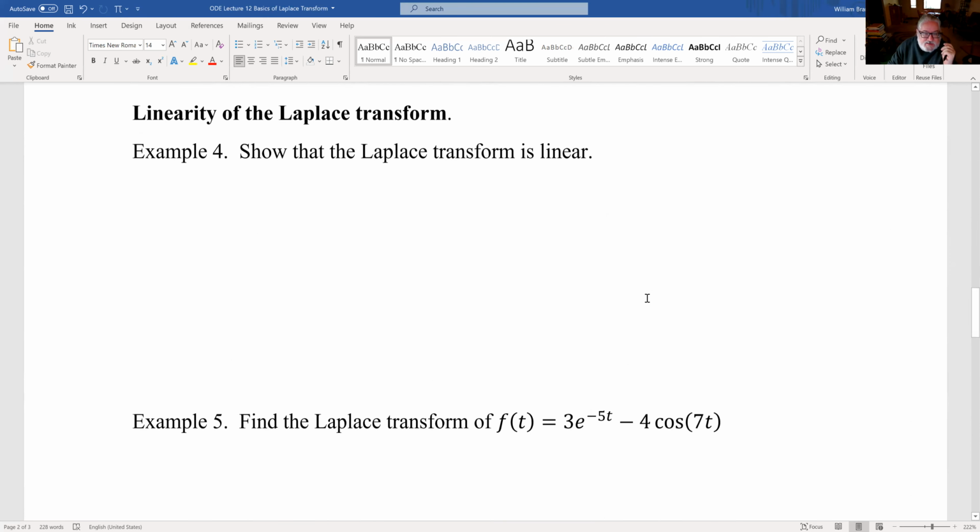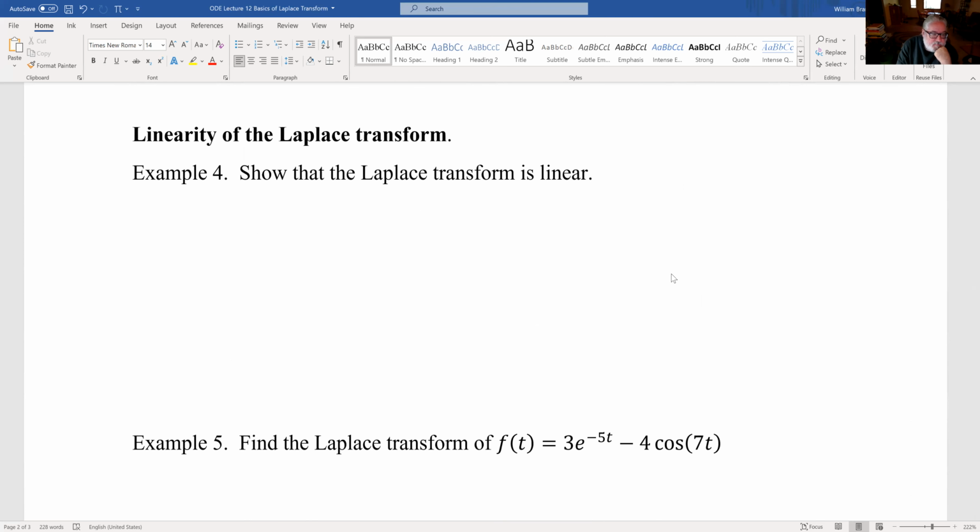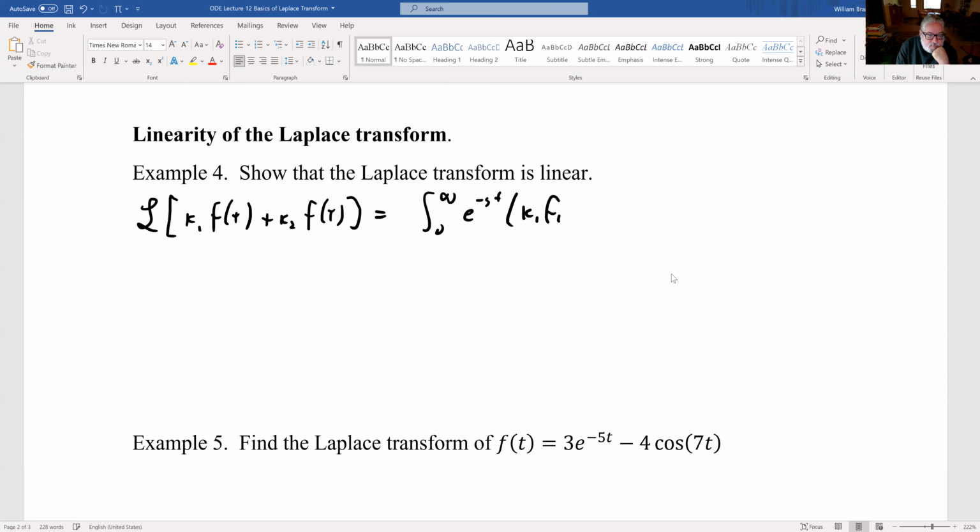So the Laplace transform is a linear function. The Laplace transform of k1 f1 of t plus k2 f2 of t equals, well, it's the integral from 0 to infinity of e to the minus st times k1 f1 plus k2 f2 dt.